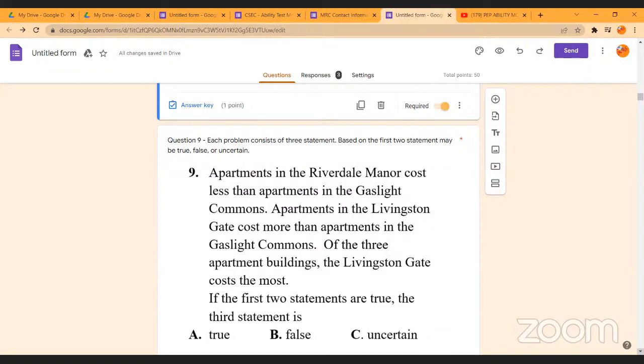Pronounce that word for me. M-A-N-O-R. So say ma and then nor. So put it together, ma and then nor.